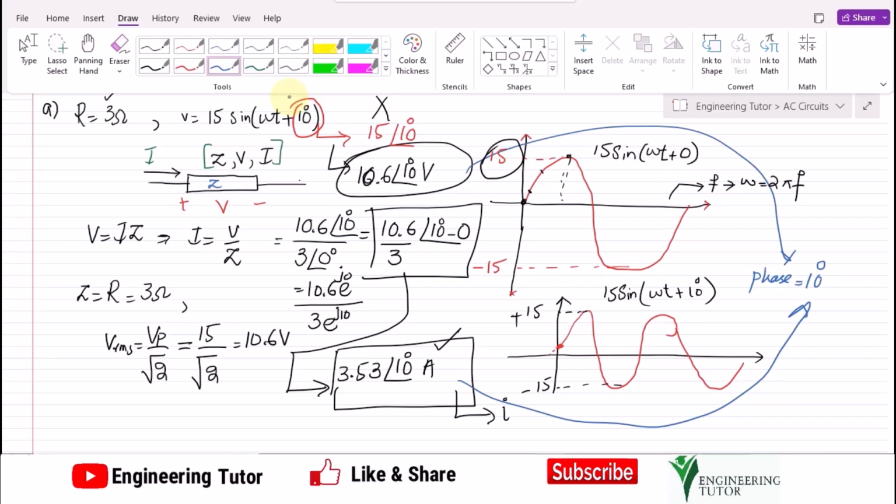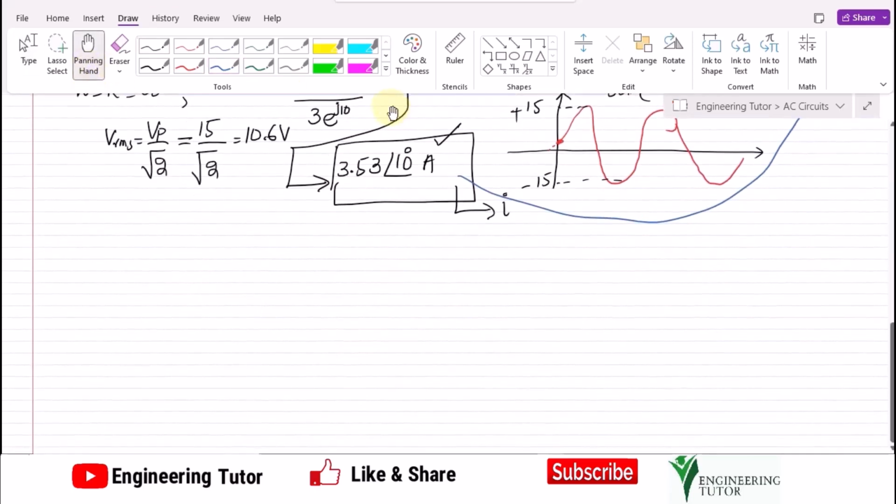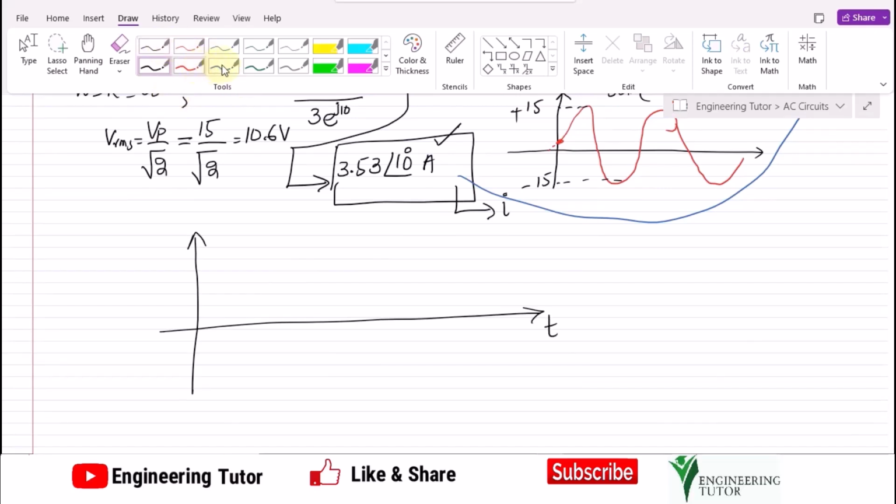So according to this, the current and voltage are basically in phase when they pass through the resistance. This is about the voltage and current, and we can very easily see what we get when these are plotted over the same plot. If we have this axis here, this is the time axis, and I am going to plot the voltage with this blue.